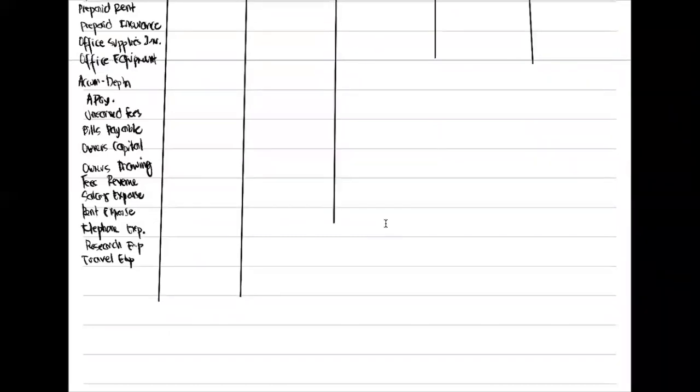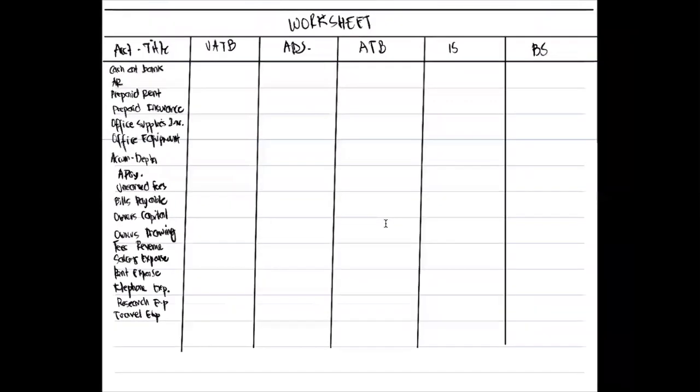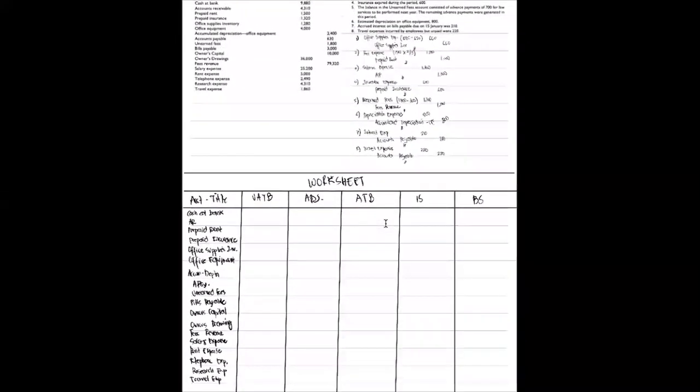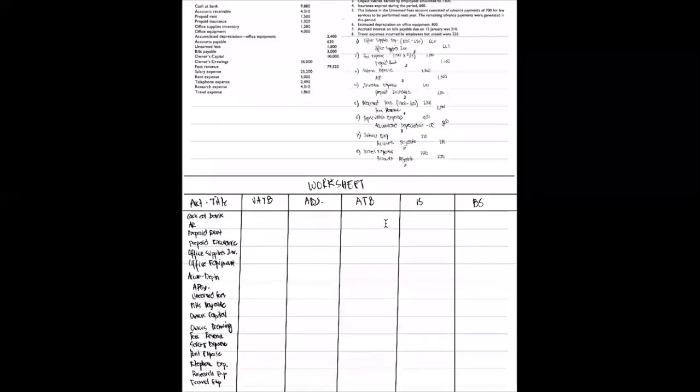So I'll just extend these items here. Okay. So, ayan siya. Nakikita nyo pa rin ba pagka ganyan? Or masyado na siyang maliliit? Okay. So, ayan. Cash at bank is 9,880. So, ilalagay na natin yan. Nasa debit dapat yan.